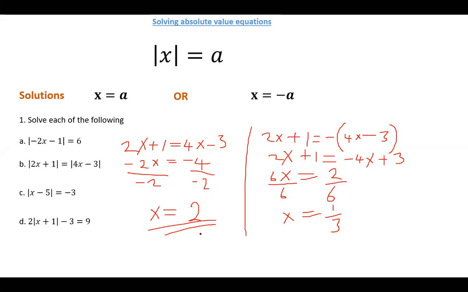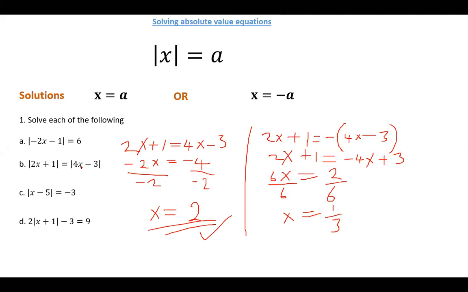So these two qualify. Then try 1 over 3: 2 over 3 plus 1 gives you 5 over 3. And then you try also this one.